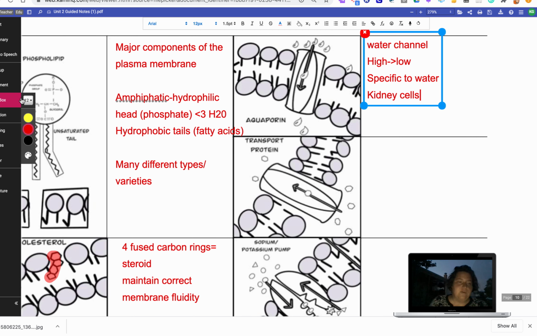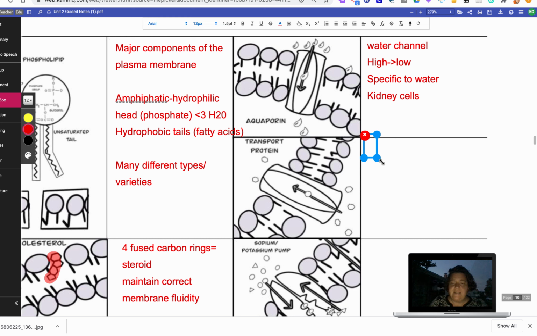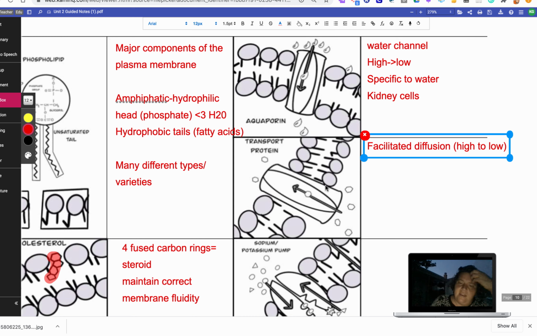So the transport protein, in this case, is involved in something called, you should remember this, facilitated diffusion, which, remember, is still diffusion. It's still going from high to low if you look at that, but it requires the protein.